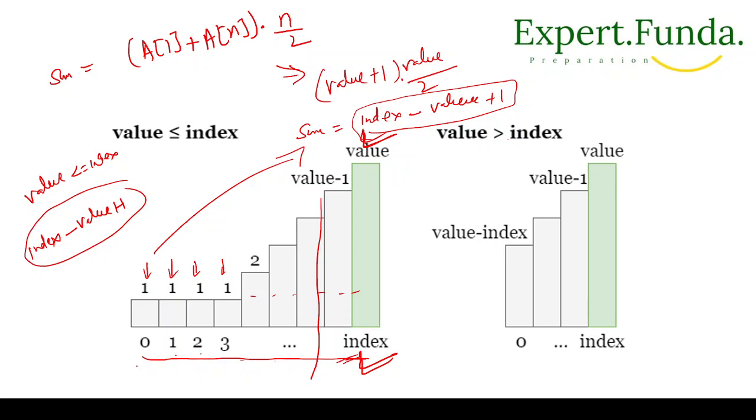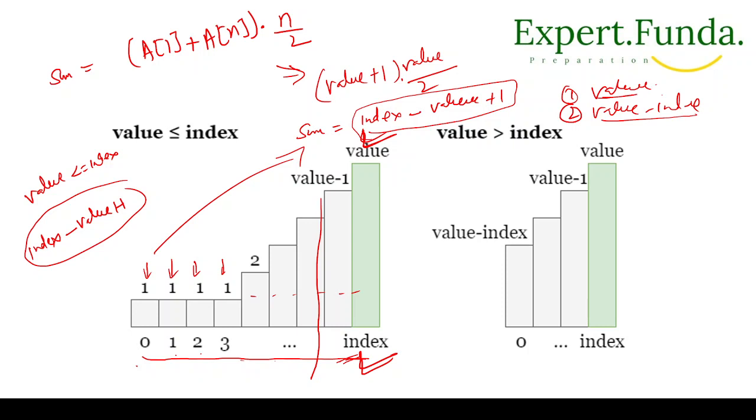Otherwise, it means there is only one arithmetic sequence on the left side of the index, with the first item being value and the last item value minus index. So this is your first value and this is your last value. So the sum of the arithmetic sequence will be the first value plus value minus index, and then we can take value minus 1, like this.